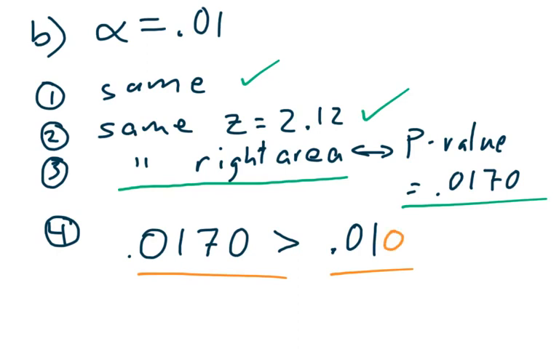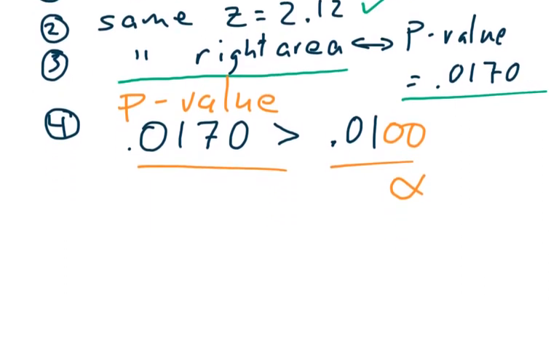This is our p-value, and this is alpha. So notice the p-value is strictly greater than alpha, and so in that case we don't reject H subscript 0.